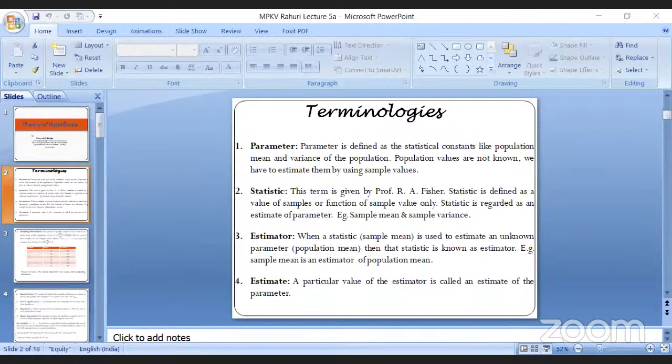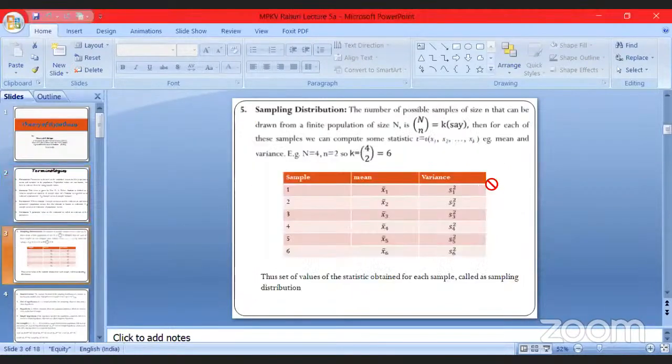Okay. So now next slide is visible sampling distribution. So again in slide number 2. The sampling distribution is not visible. No, sir. Second number slide only is showing, sir. Terminologies, parameter, statistic, estimator, and estimate. It is happening. So you may play the slideshow like that. Now you are seeing sampling distribution. Yes, sir.